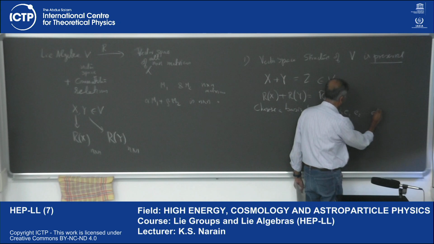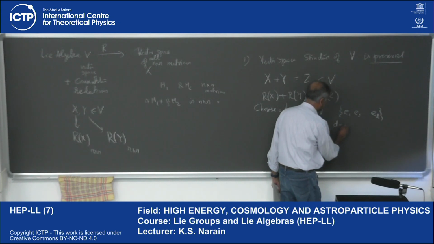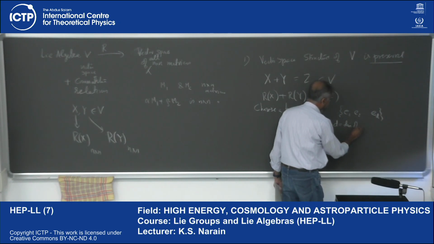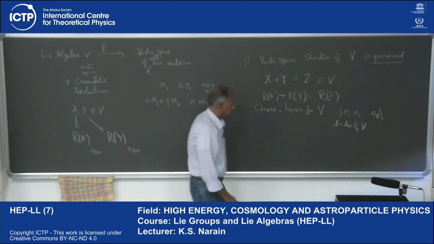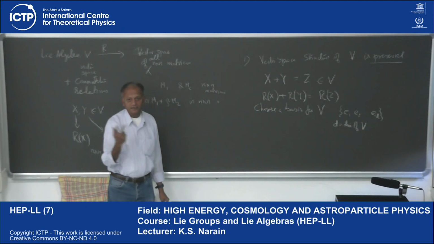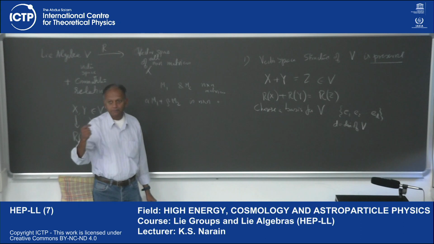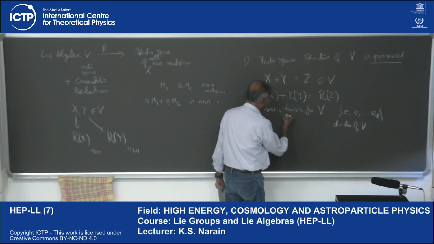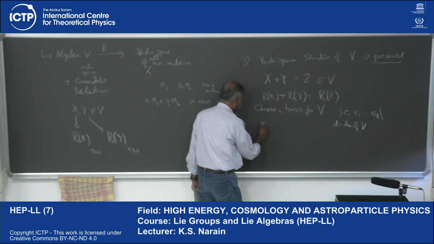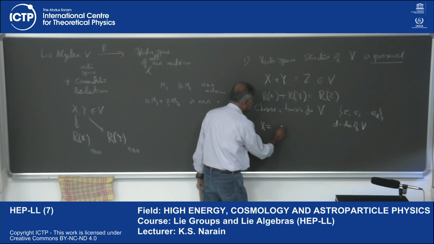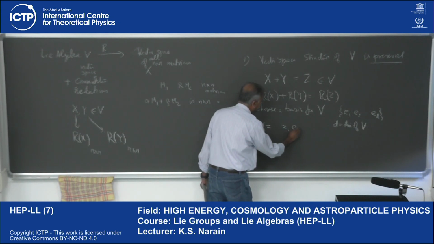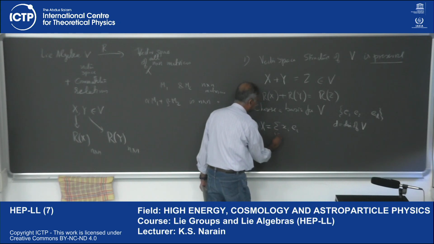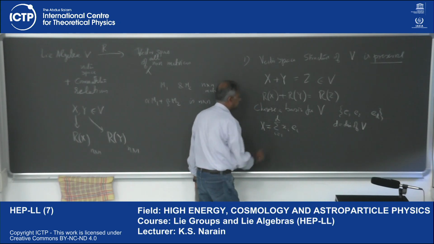So let's call it D. So D is the dimension of V. So for example, for SU2, D is 3, right? Because there are 3 independent generators, sigma 1, sigma 2, and sigma 3, and anything else can be written as a linear combination of them. So therefore, I can write any x as some coefficients xi, ei, summed over i from 1 to D.